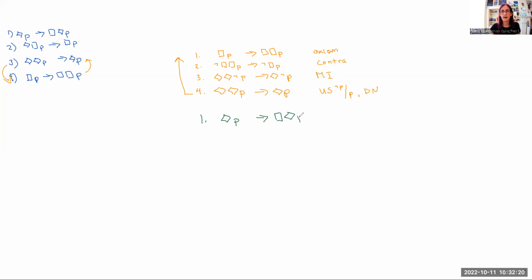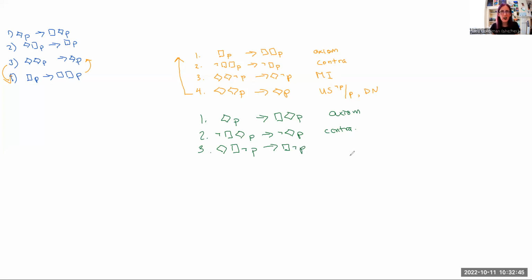possibly P implies necessary possibly P. Well, contraposition allows us to conclude that if it's not necessarily possibly P, then it's not possible that P. I bet you know what's coming next. Modal interchange. We change all of our modal operators, shove the negation all the way through to the atom.